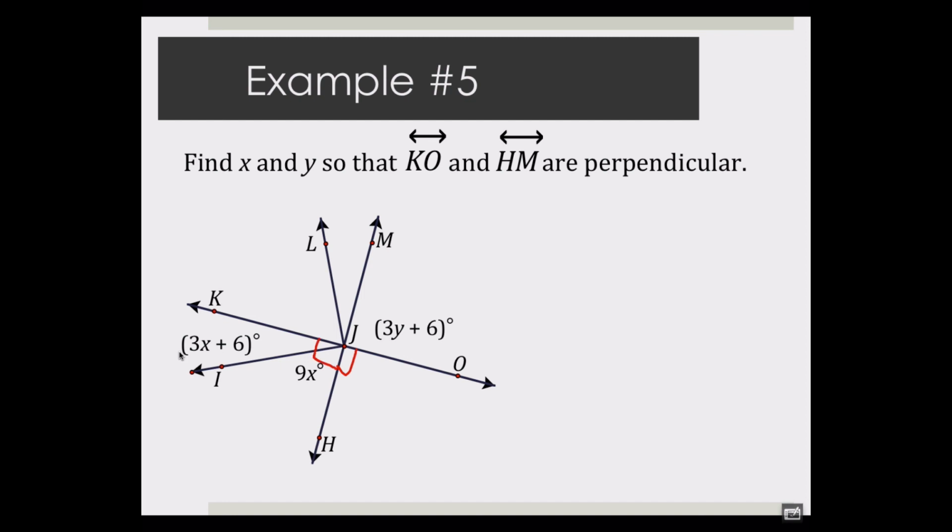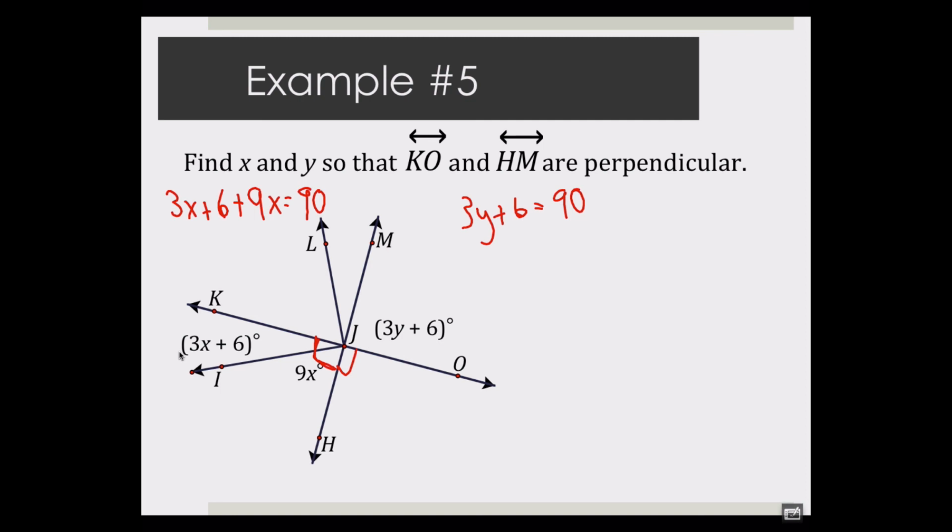Beautiful, because this is a right angle down here also. So 3x plus 6 plus 9x would equal 90. And then also 3y plus 6 would be 90, because that's just a plain old 90-degree angle.